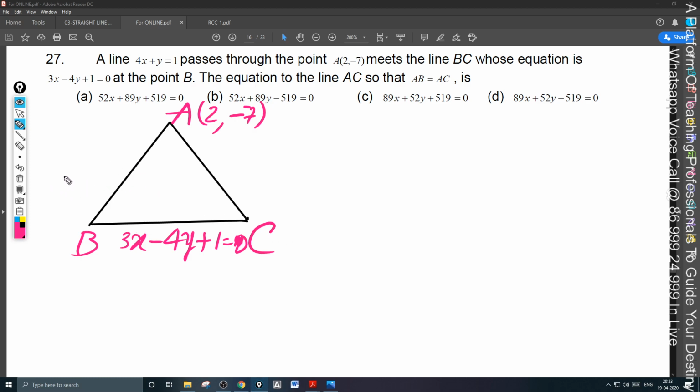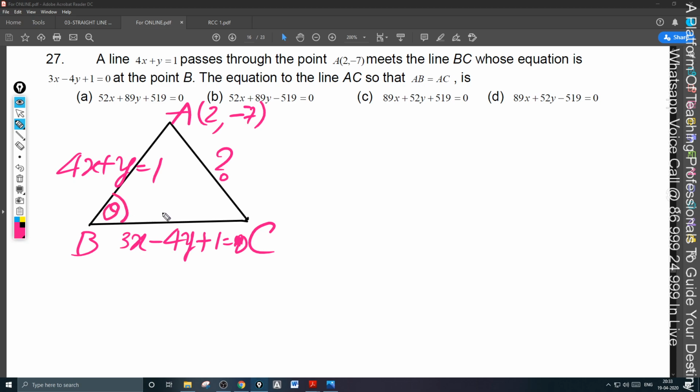Now what is the AB line equation? This is 4x plus y is equal to 1. A line 4x plus y is equal to 1 passes through the point A 2 minus 7. Now we need the line equation of AC such that AB is equal to AC. AB is equal to AC means it is an isosceles triangle.